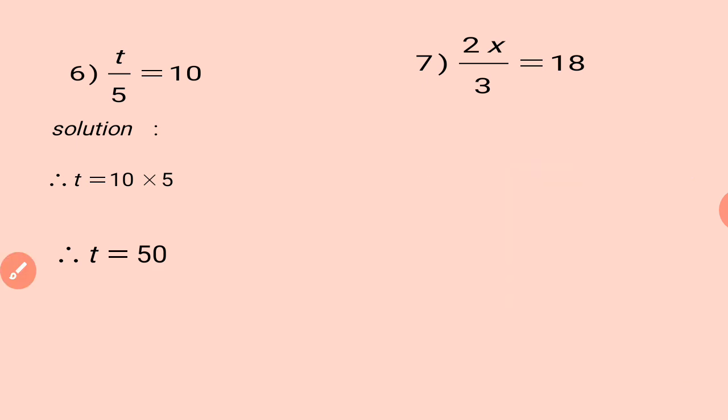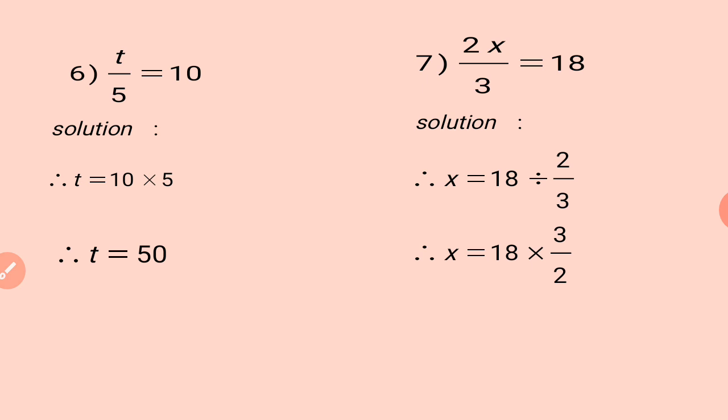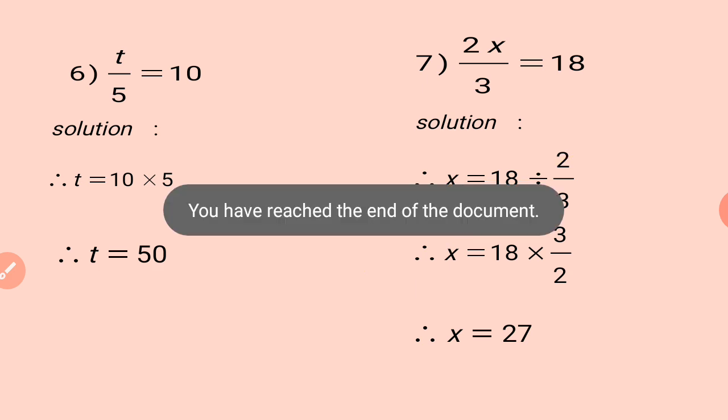That's what we do. 18 divided by 2 by 3. How do you solve further? We take the reciprocal and change the expression into a multiplication one and we proceed to get x equal to 27. Simple concept of multiplication and division and addition, subtraction, all 4 things to be used for fractions.